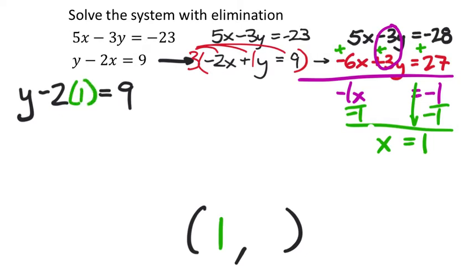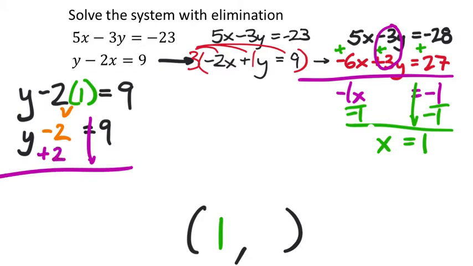So in solving for this, I'd say, well, negative 2 times 1 is negative 2. I now have y minus 2 equals 9. And then one final principle of equality: adding 2 to both sides. That will zero this out. And then I can see that y equals 9 plus 2, which is 11 there.